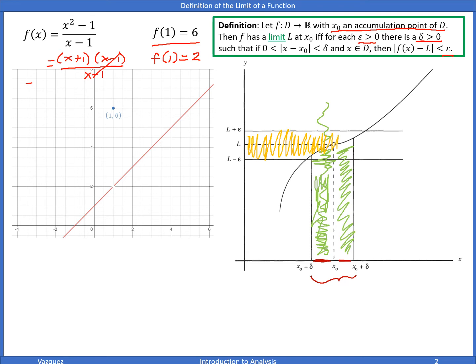Our difference between f of x and L should be in this neighborhood. That's what this means. That's how we define the limit.